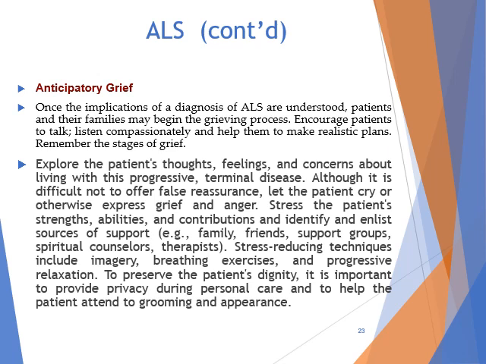Stress the patient's strengths, abilities, and contributions, and identify and enlist sources of support: family, friends, support groups, spiritual counselors, therapists. You can use stress-reducing techniques like imagery, guided imagery, breathing exercises, progressive relaxation. To preserve the patient's dignity, it's important to provide privacy during personal care and to help the patient attend to grooming and appearance.